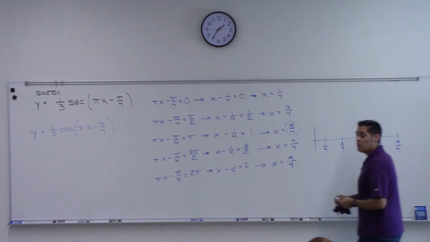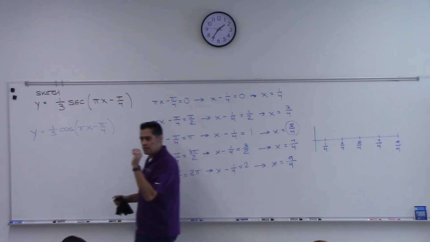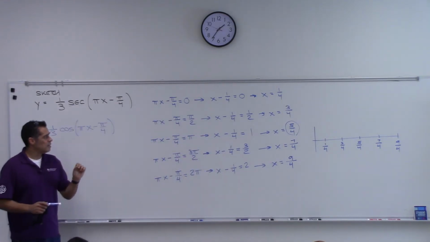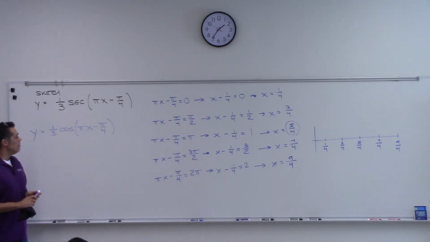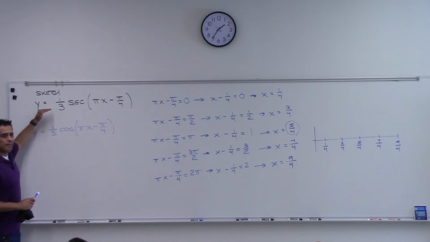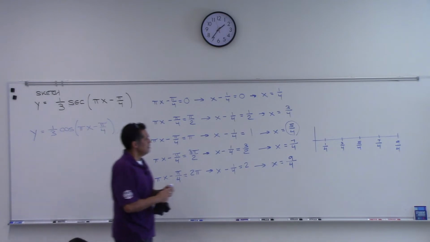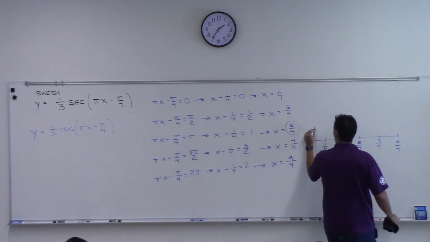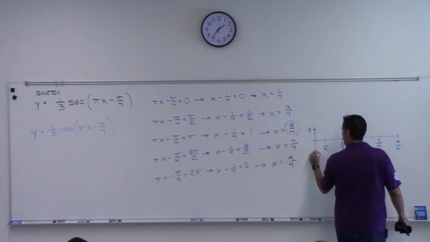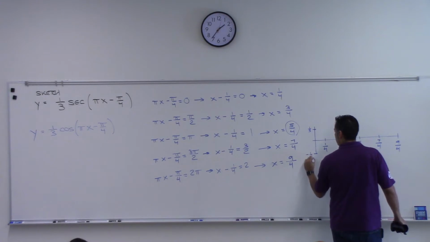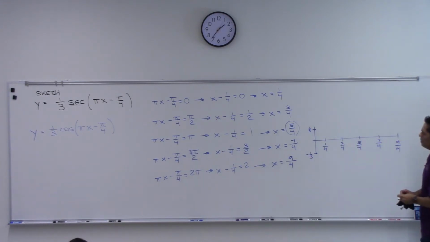And I'm drawing a cosine function now, right? This is going to be a cosine function with an amplitude of 1/3, right? So I'm just going to label here 1/3 up here, negative 1/3 down here. Where are my x-intercepts?